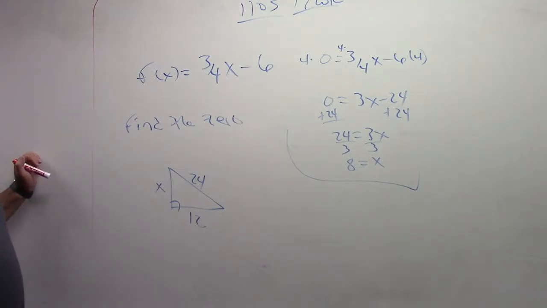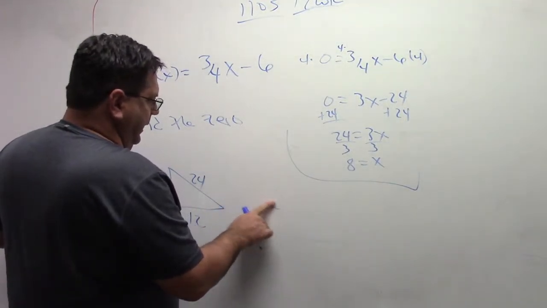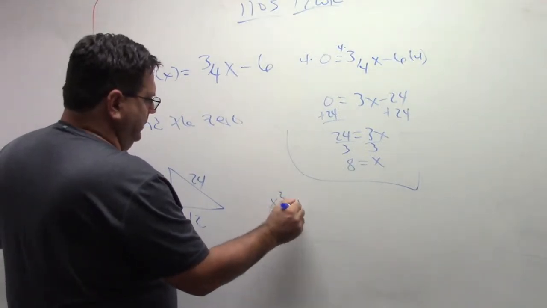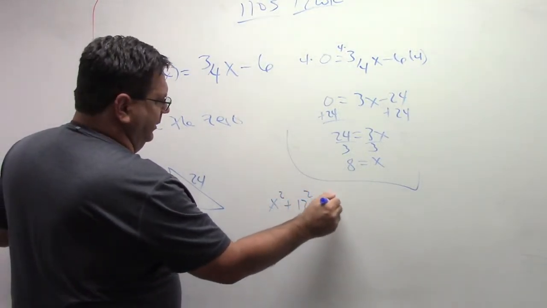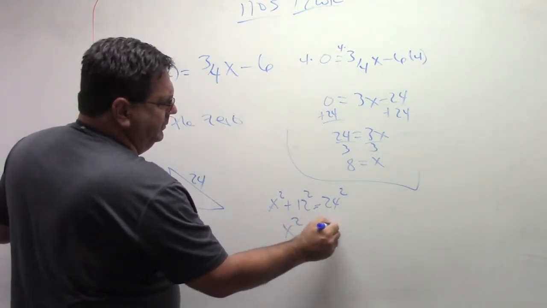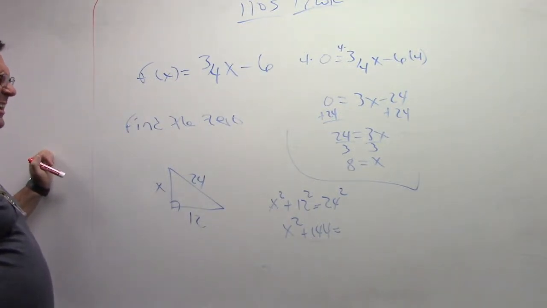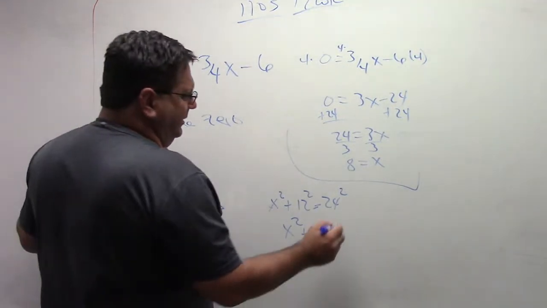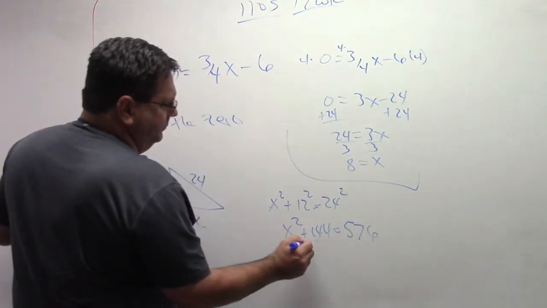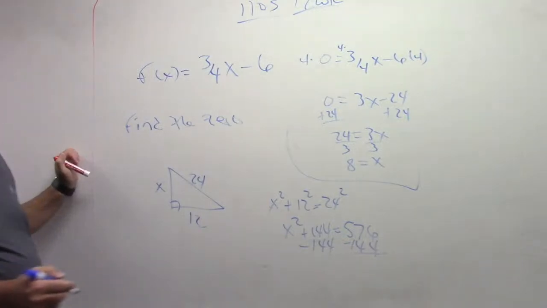I don't know if it's right, but it sounds good. a squared plus b squared is equal to c squared, yes? x squared plus 144. 24 squared is 576. How do you do that in your head just like that?